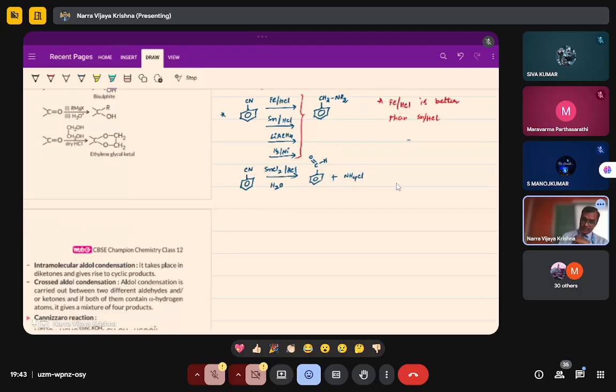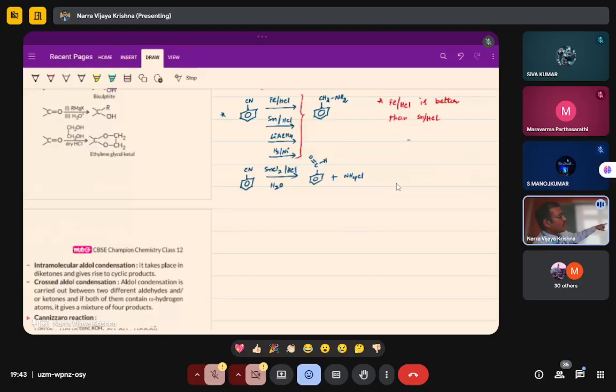Mendius reduction. Oh, sorry. You asked about Mendius, it is showing something like this.